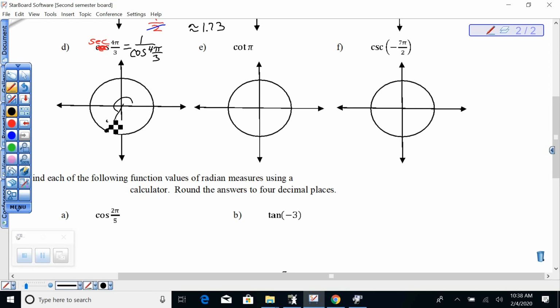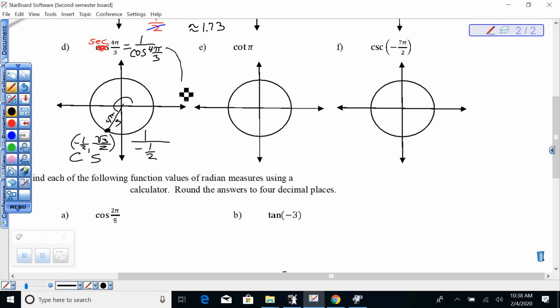It's a reference of 60 degrees in quadrant 3, 4 pi over 3. So that's 4 pi over 3. My coordinates here are negative 1/2, negative square root of 3 over 2. And so if I'm working on cosine, cosine is my x-coordinate, sine is my y-coordinate. So I'm doing 1 over negative 1/2.